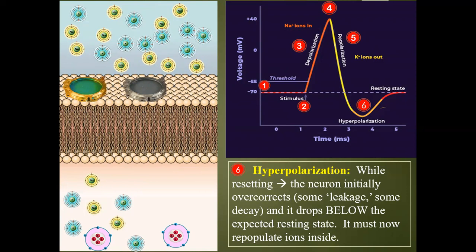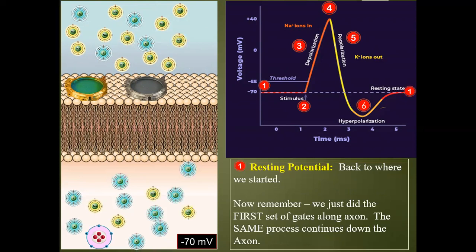Eventually, we will repopulate, and we will have reached back to our resting state. Now, how this works in practicality is, when we expend the energy to do this, going down this repolarization, yeah, we do overshoot it, but we did produce a bunch of energy.